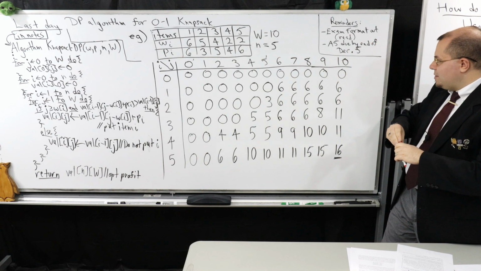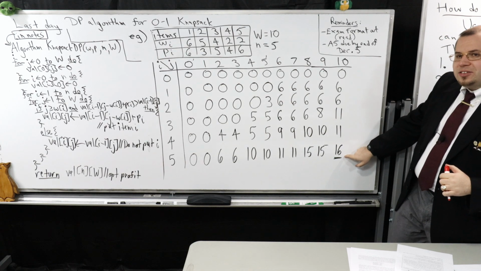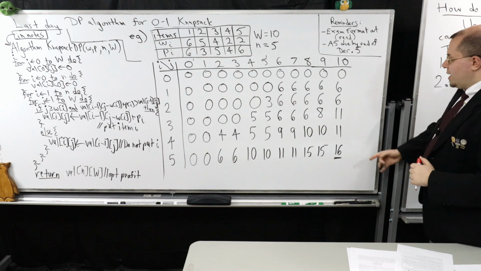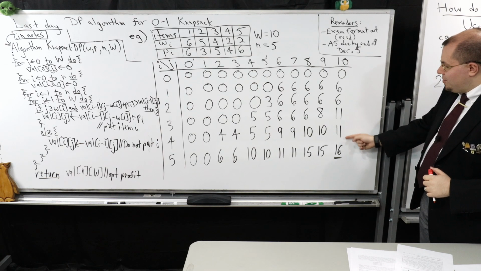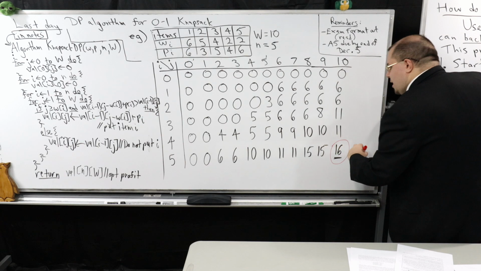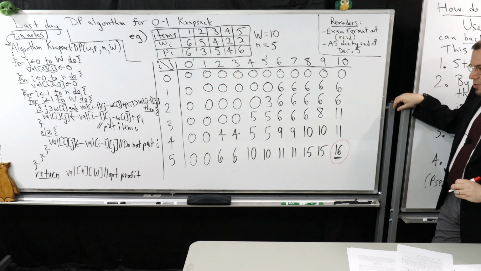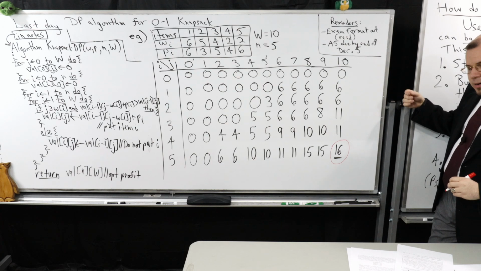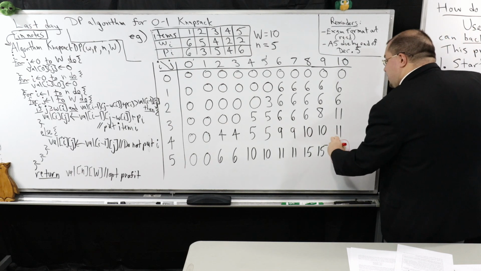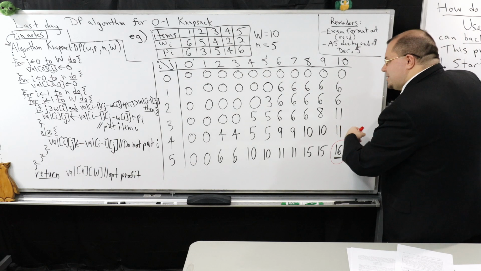So I already told you at the beginning, I start right here. I look at the entry directly above it and I say, okay, these don't match. So I know right away I'm going to include item 5 in my knapsack. So I decrement i by 1. Keep in mind, it doesn't matter if you decrement i by 1 or decrement j first.